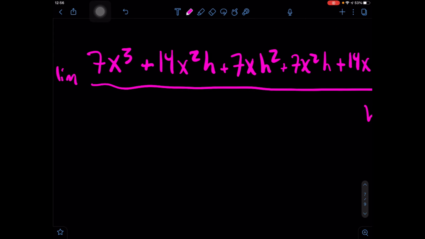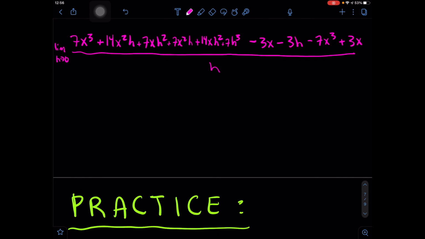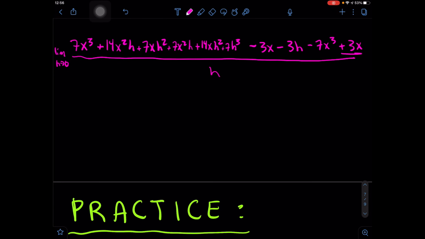This is the limit as h approaches 0. So now we can start canceling things out. So we have a plus 3x here, minus 3x here. These two cancel out. We have a 7x cubed here, and minus 7x cubed here. These two cancel out. What else? I think that's pretty much it, because every other term has an h, which means we can take out an h like we did in the last problem.